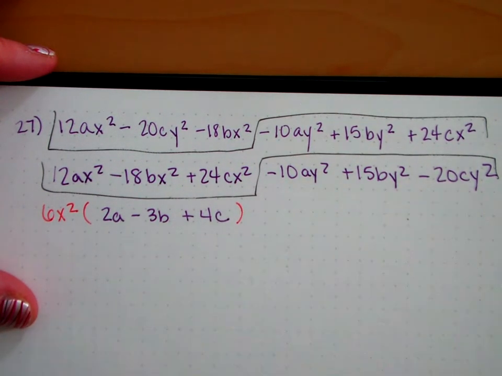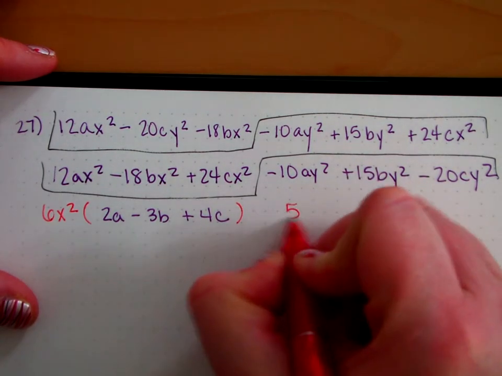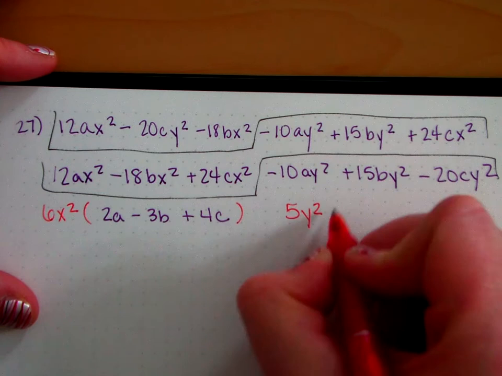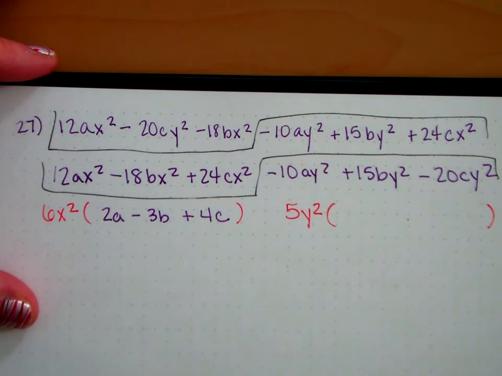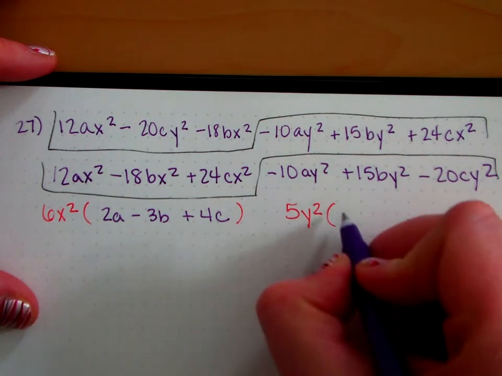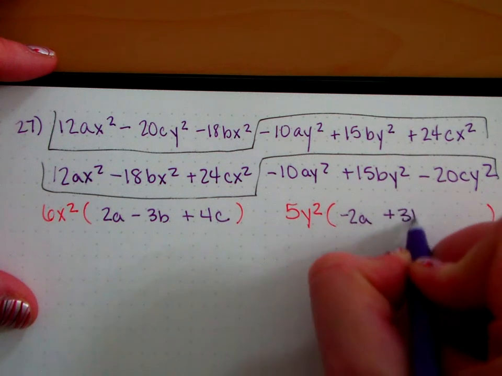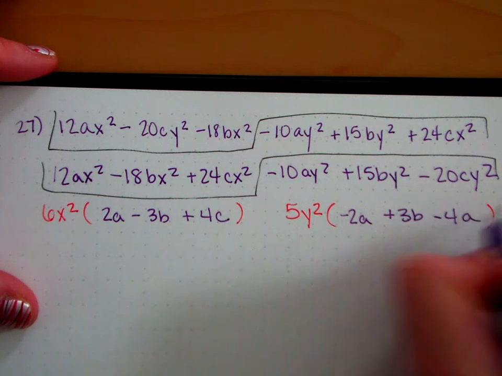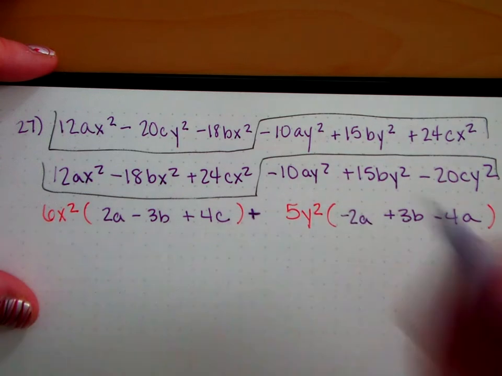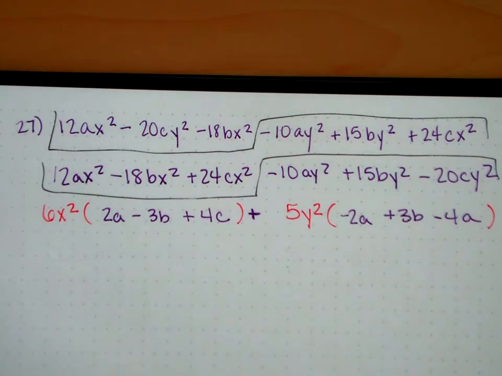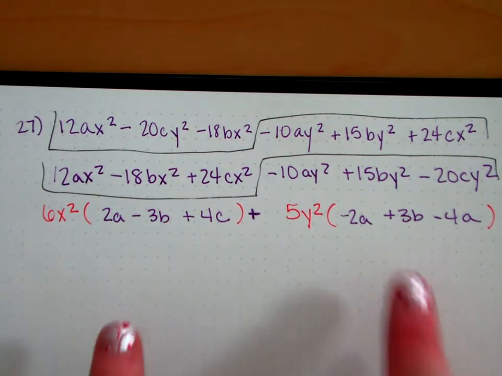Now in this group here, I have a 10, a 15, and a 20. So I'm going to pull out a 5, and then I'm going to pull out a y squared. So I'm going to go 5y squared, parentheses, and I'm going to write down what I got. Okay? So that gives me a negative 2a plus 3b minus 4c, and this is with a plus sign in between because it's two groups and I'm adding them together.